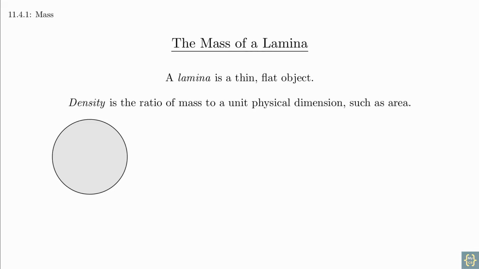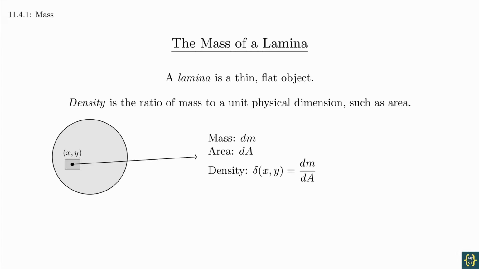Density is a ratio of mass to some unit physical dimension. In our case, we're going to be looking at mass per unit area because we're working with a flat, two-dimensional object. But this could just as well be a linear density or a volumetric density. Let's take a small piece of lamina at the point (x, y) and calculate both the area and the mass of that piece. We can take that information to get the density of the lamina at that point.